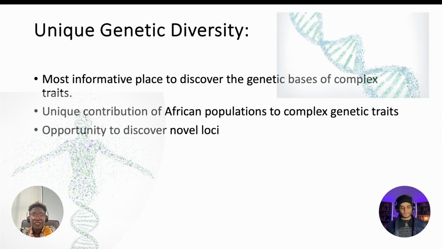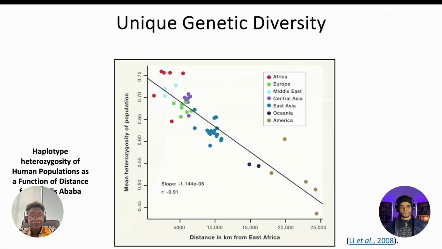Because of that, it's the most informative place to discover the genetic basis of complex traits. Because if we evolved in that environment, we are more likely to identify them. And when it comes to complex traits, there's a unique contribution of African populations, and there's this huge opportunity to identify novel loci that are underpinning a lot of genetic traits and conditions.